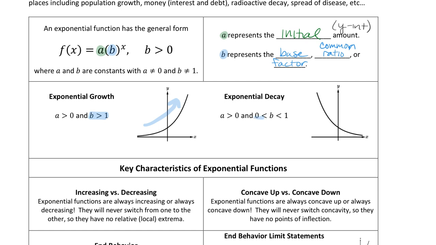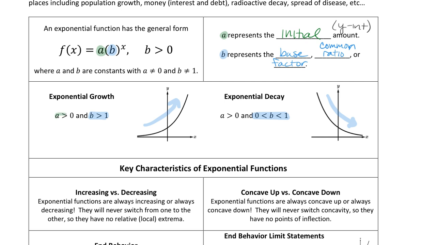We get exponential decay when the b value of the base is between 0 and 1. That's blue. They're both blue on purpose. The b represents either growth or decay, whether my factor will be multiplying by a number that makes things bigger or makes things smaller. So b, for instance, if it's 0.8? Would be decay. 0.8 would be decay.